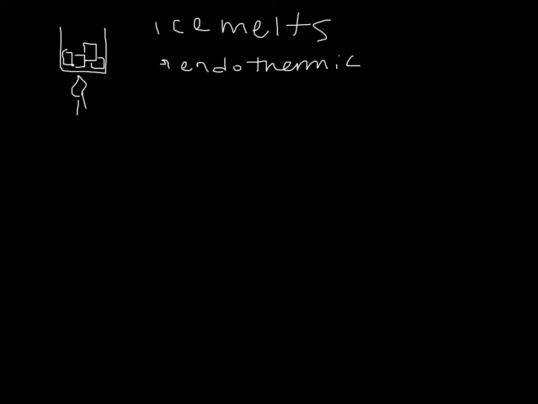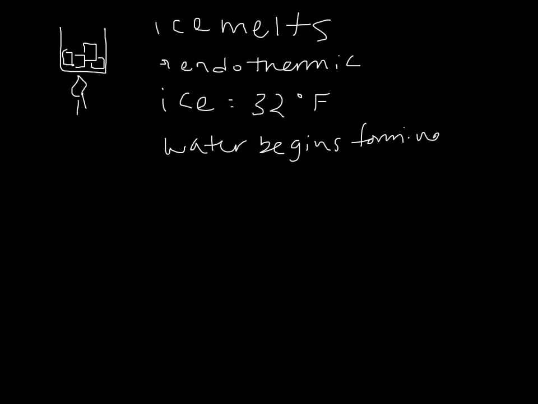And what temperature is the ice? Well, the ice is 32 degrees Fahrenheit. What temperature is water formed from right when the ice begins to melt? Well, the water begins forming at 32 degrees. Remember our heating curve still. This value here is at 32 degrees.